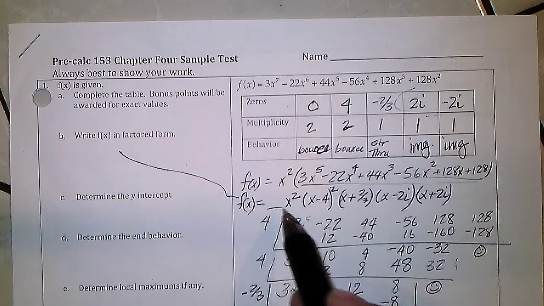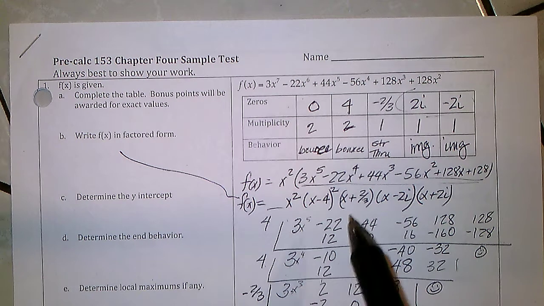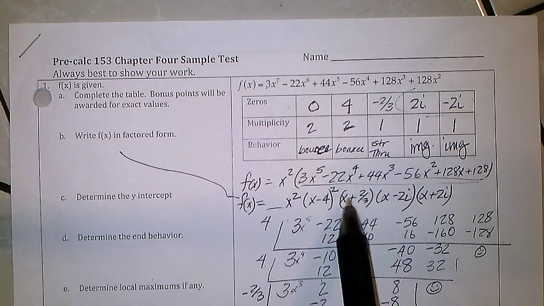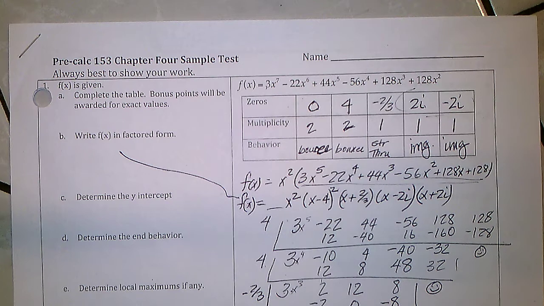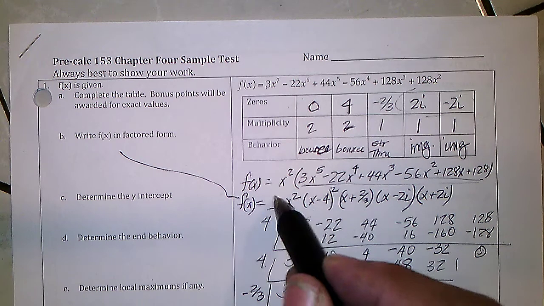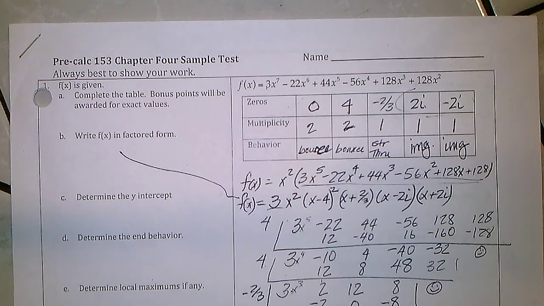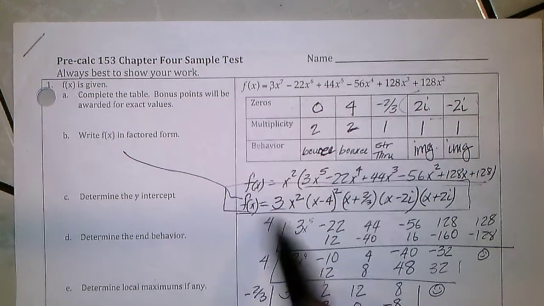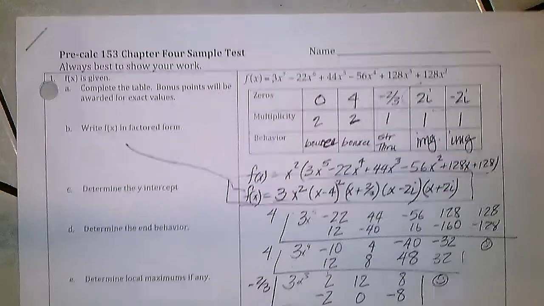And I have to have a number here, perhaps. See, my original had a 3. This would have x times x times x times x. This would only have a 1 in front of the x to the 7th. So I need a 3 to complete the factoring. So there's the factored form.